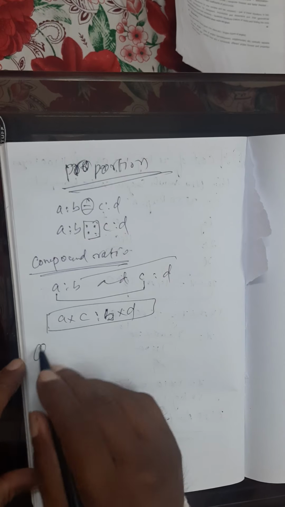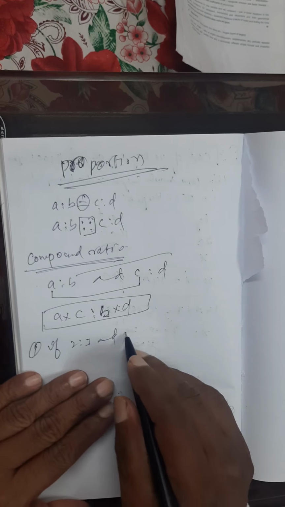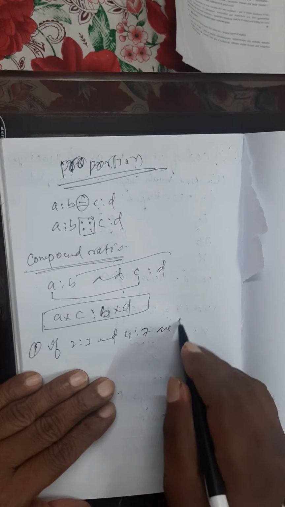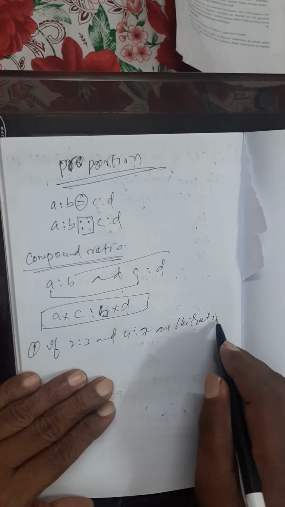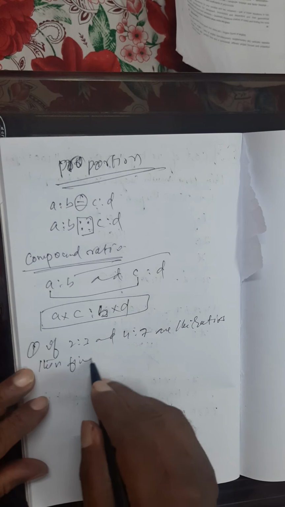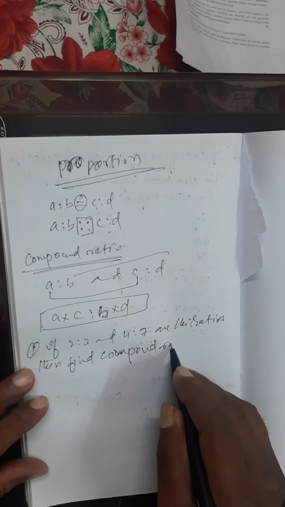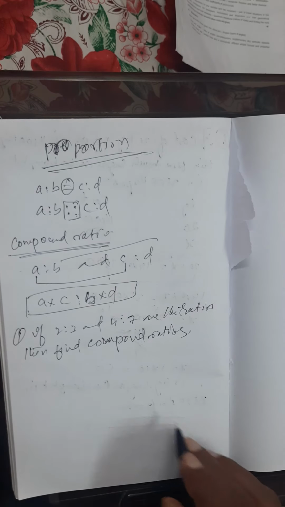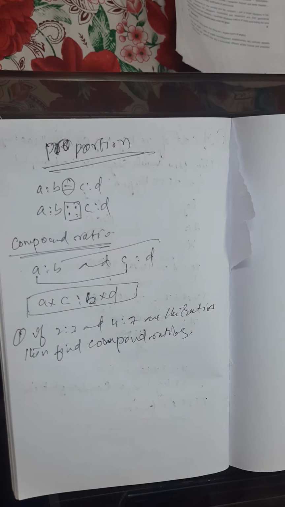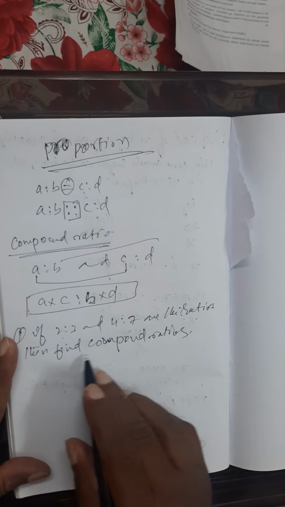Take one question. If 2 is to 3 and 4 is to 7 are the ratios, then find the compound ratio.